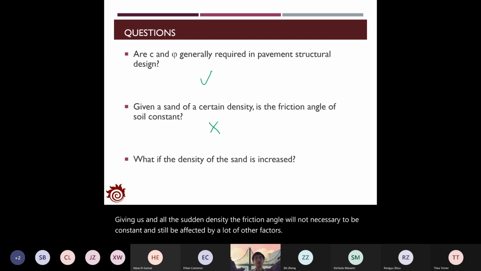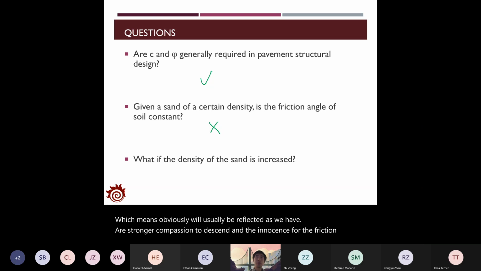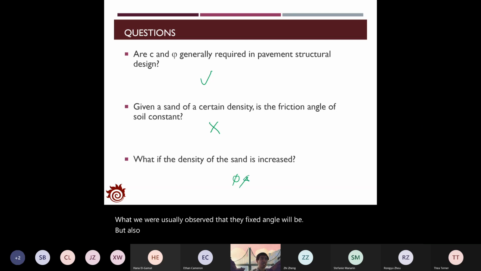And for the last one, if we increase the density of the sand, it will usually be reflected as stronger compaction of the sand, and what we usually observe is that the friction angle will also increase.